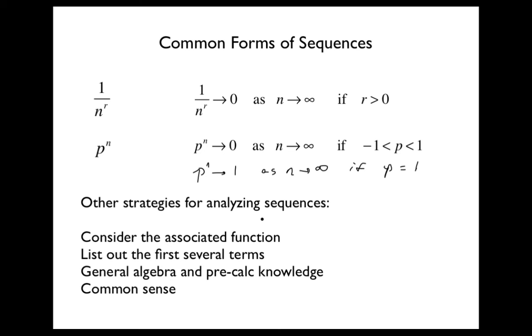What about if p is negative 1? What sequence do you get? We get negative 1, 1, negative 1, 1, negative 1, on and on and on. Convergent or divergent?